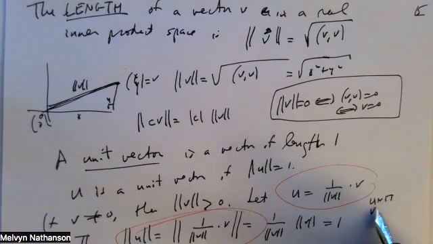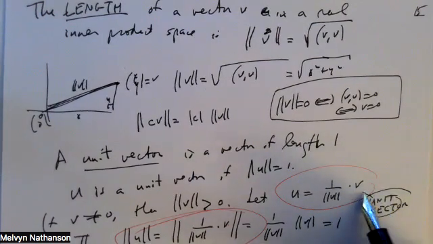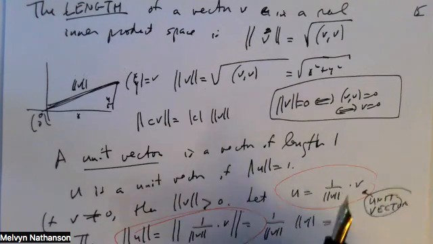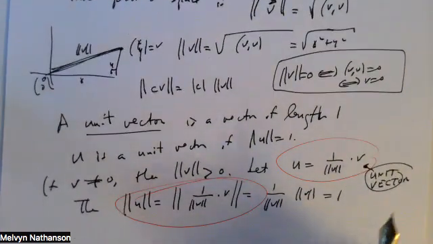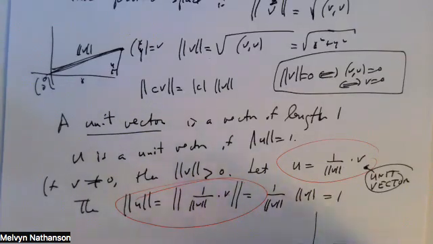So taking a non-zero vector, multiplying it by 1 over its length, always produces a unit vector. So for example, if we had this vector, multiplying it by 1 over its length, this would be the unit vector, pointing in the same direction, but has length 1.